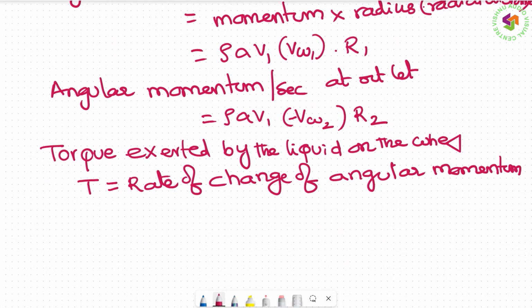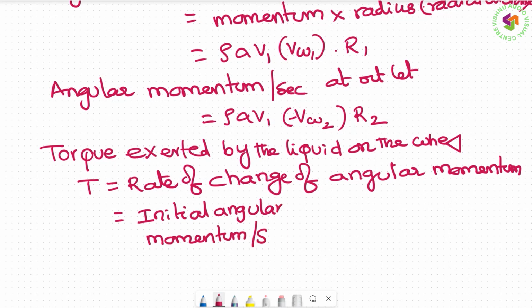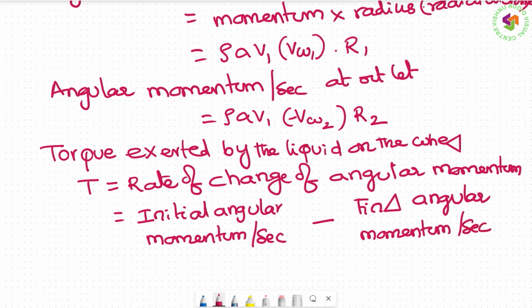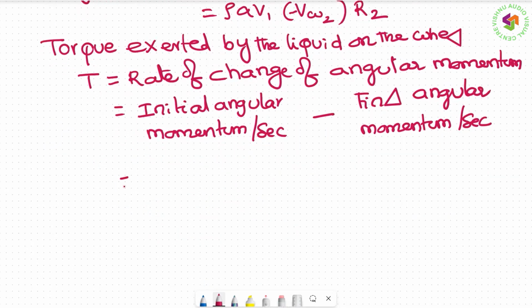So therefore it is initial angular momentum per second minus final angular momentum per second. So what is initial angular momentum?